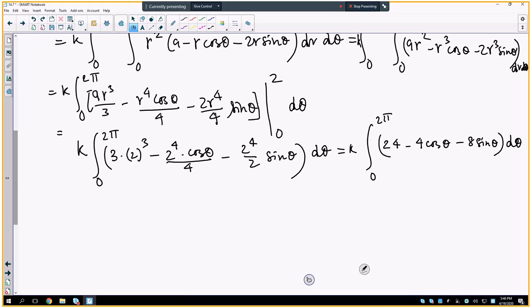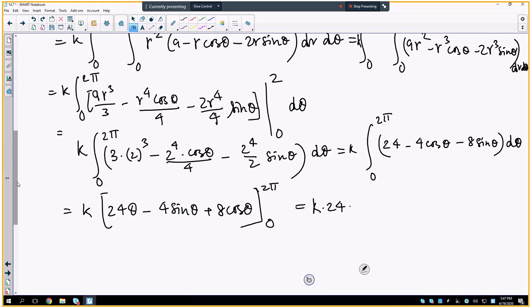Now we are taking the antiderivative with respect to theta. We'll get k times 24 theta minus 4 sine theta plus 8 cosine theta, with limits 0 to 2 pi. If I put theta equal to 2 pi in the first term, I get 24 times 2 pi, and 0 is not contributing.